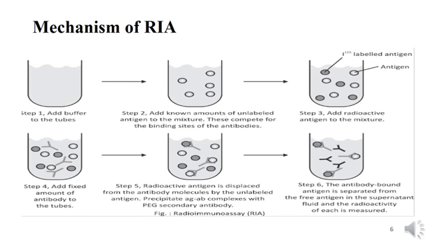Its half-life is 60 days, which is very long, and it is used as a radio-labeled isotope for detection of antibody-antigen interaction. Step 4: add a fixed amount of antibody to the tube. In step 5, radioactive antigen is displaced from the antibody molecule by unlabeled antigen.